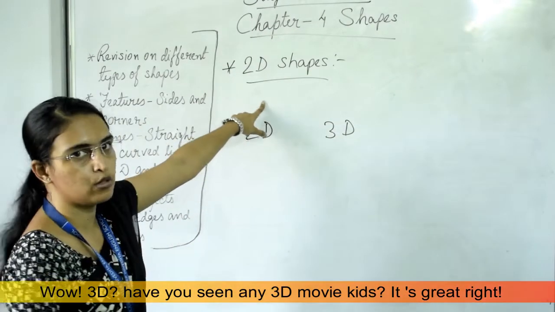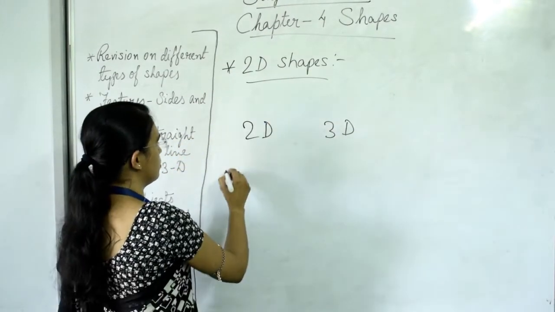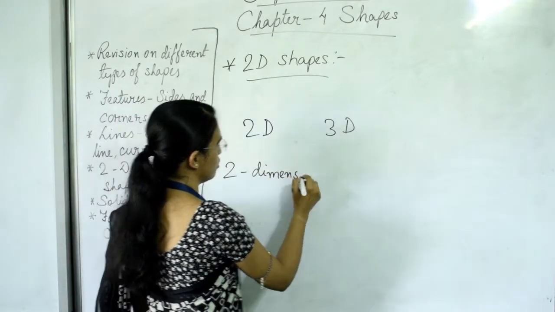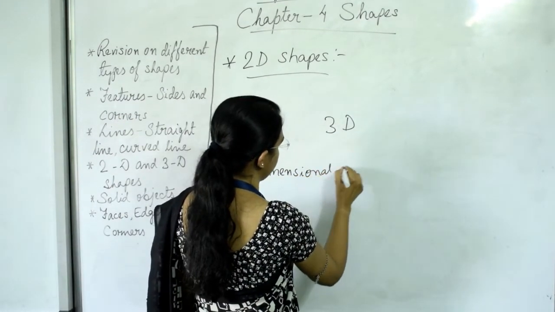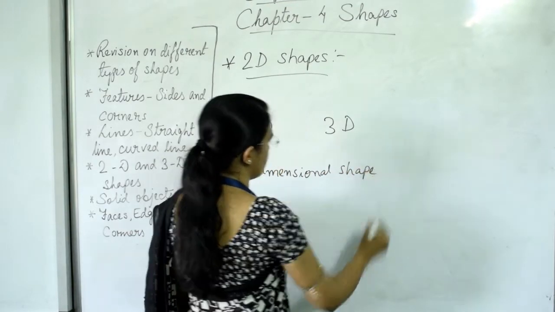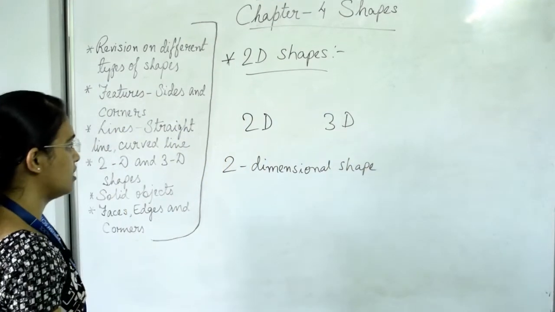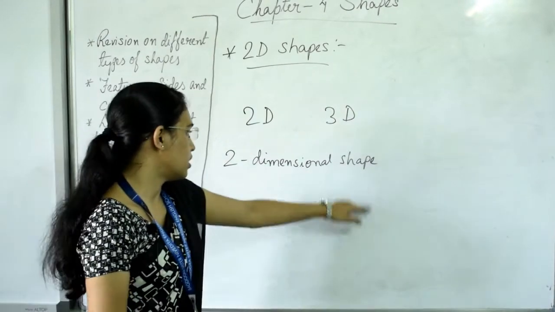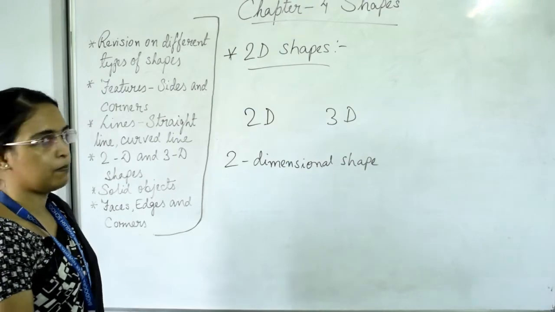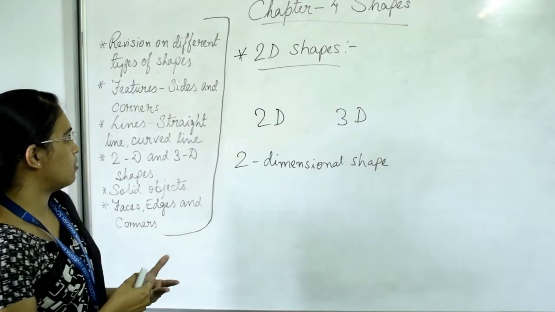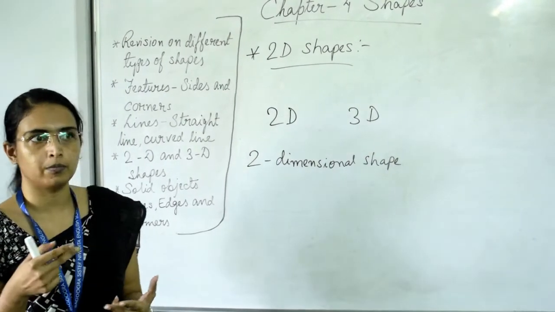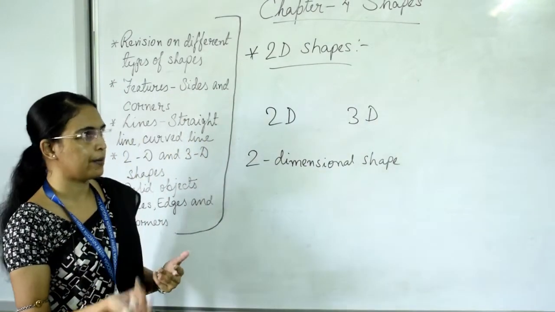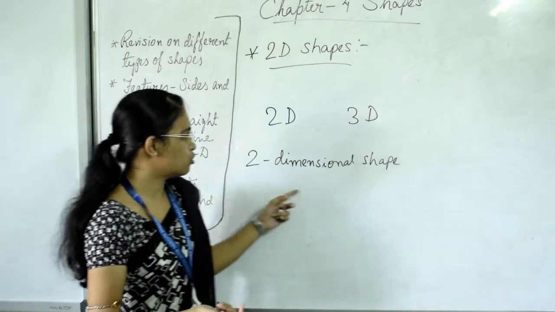Now we will discuss 2D shapes. 2D means 2 dimensional shape, a plane shape. When you draw any shape on a flat surface like paper, that shape is called a 2D shape.